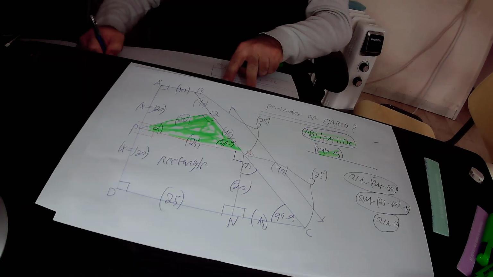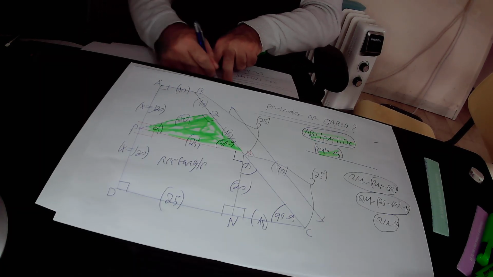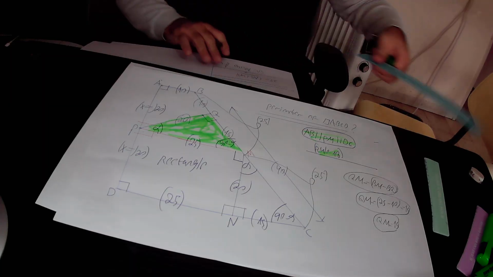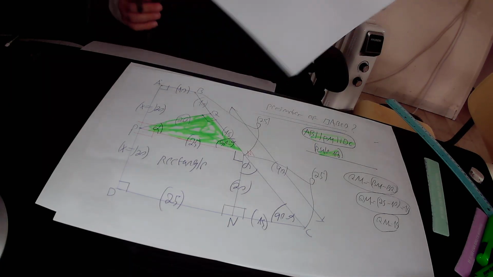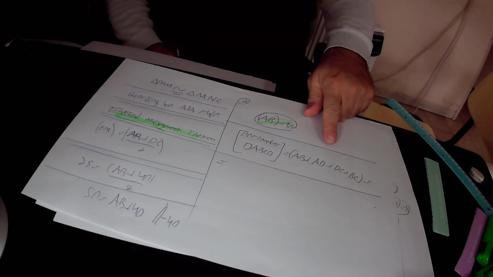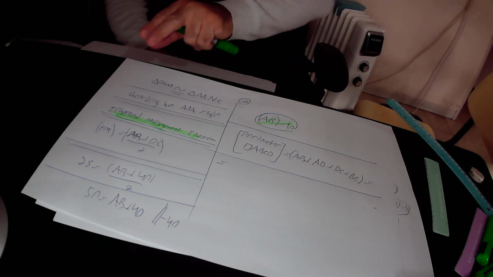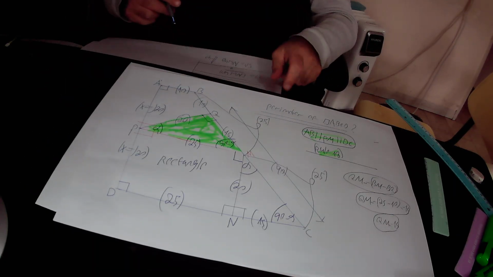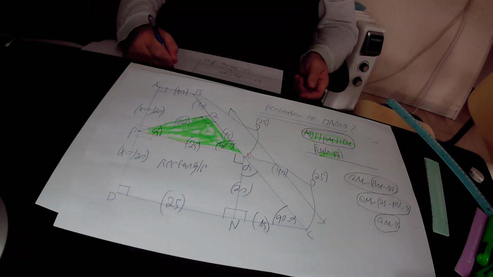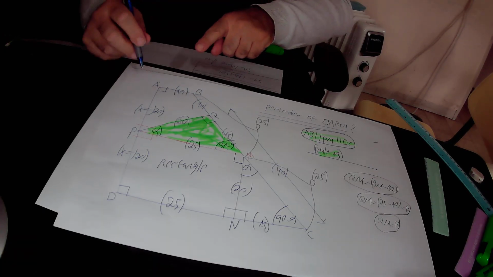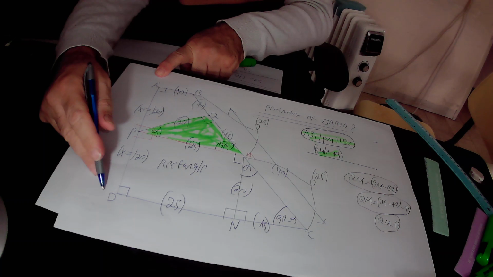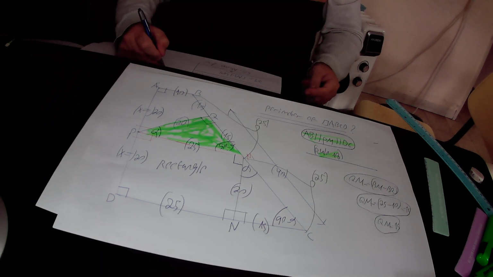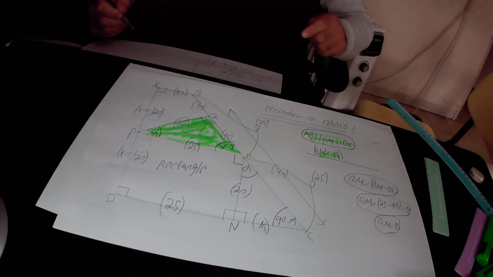So in total, the perimeter of quadrilateral ABCD equals AB plus AD plus DC plus BC. We just found out that AB is 10, plus AD. AD in total equals 20 plus 20, that is 40, plus DC.